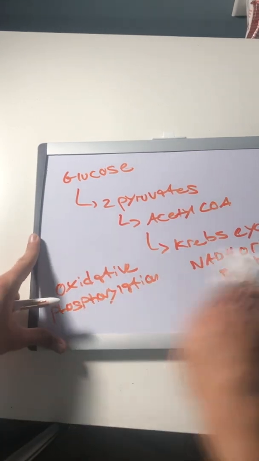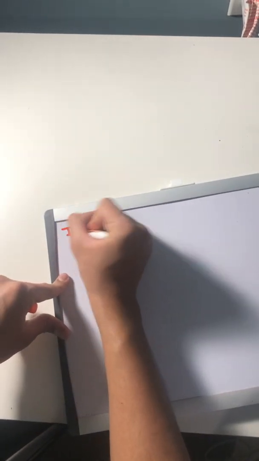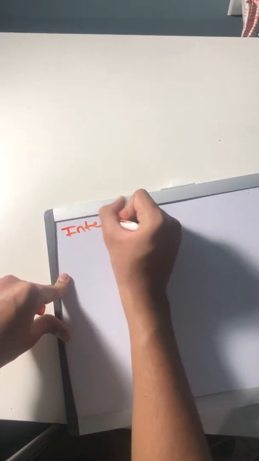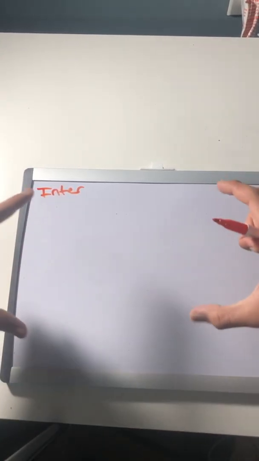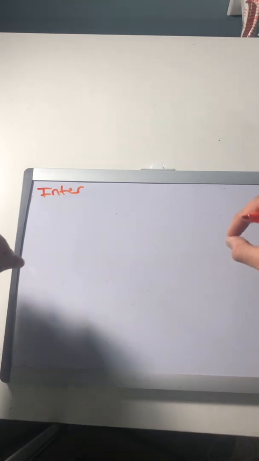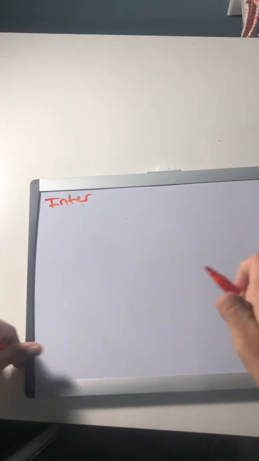Now that we've looked at what we've done up till now, let's look at the whole process of oxidative phosphorylation in depth. Firstly, we need to understand where this whole process takes place. Oxidative phosphorylation takes place within the mitochondria. Let's divide the mitochondria into three regions.